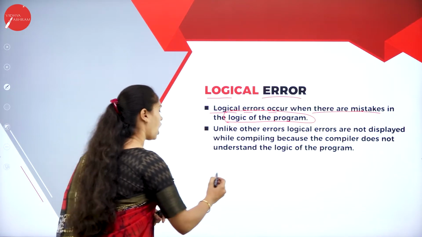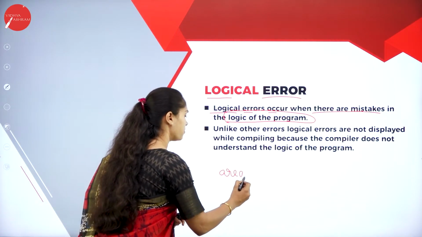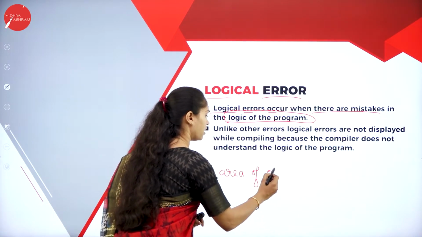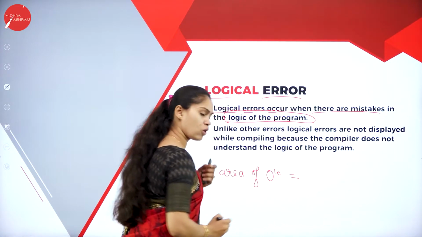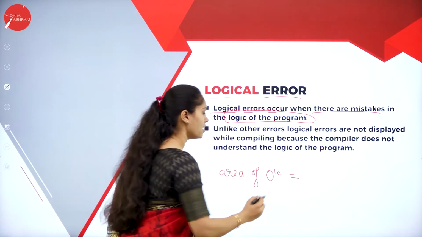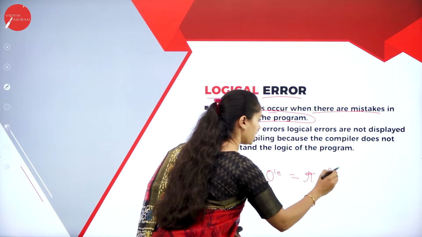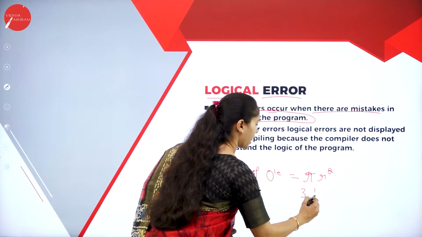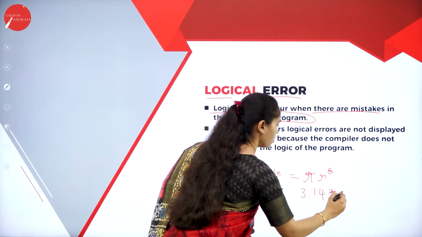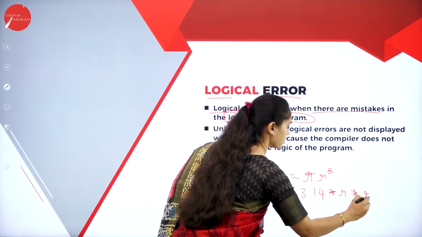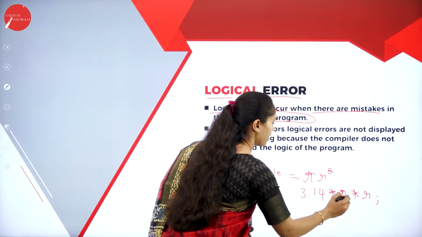For example, how do we find the area of a circle? Here I have a code. The area of a circle is pi r square, right? So we take 3.14 into r into r, where r is the radius.